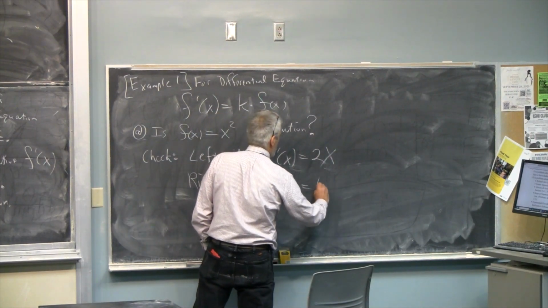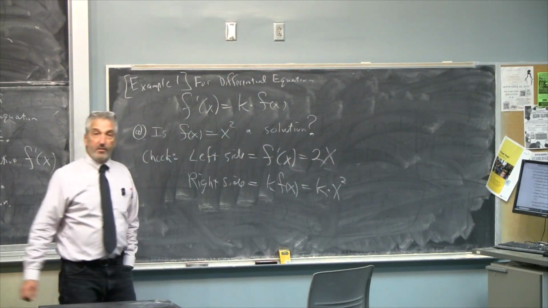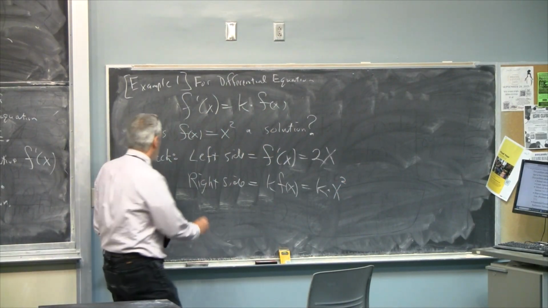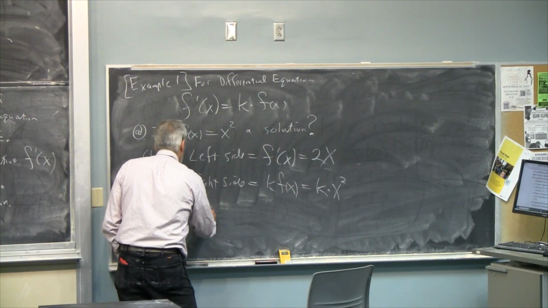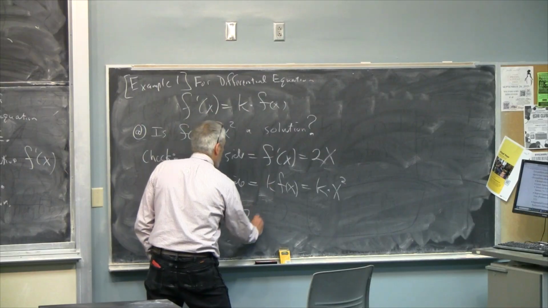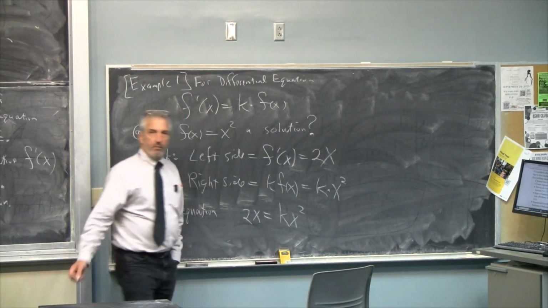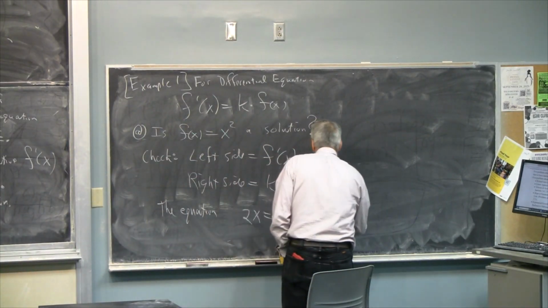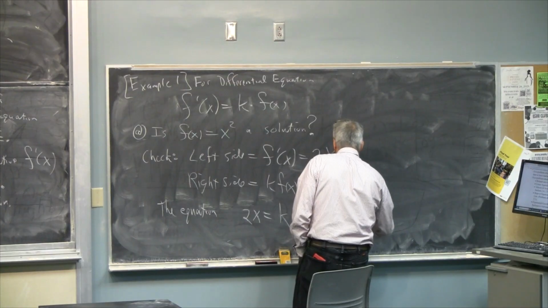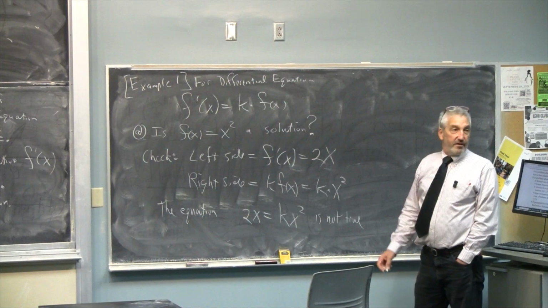So that's k times x squared. So when I substitute those, when I put those together, we see the equation 2x equals k x squared. That's not true. So the answer is this function is not a solution.